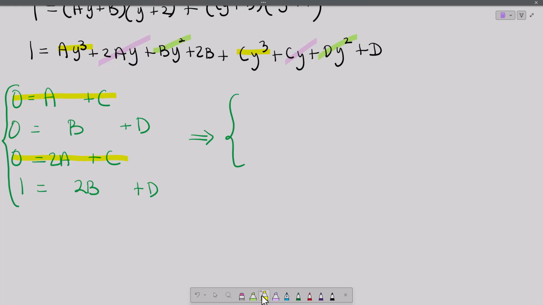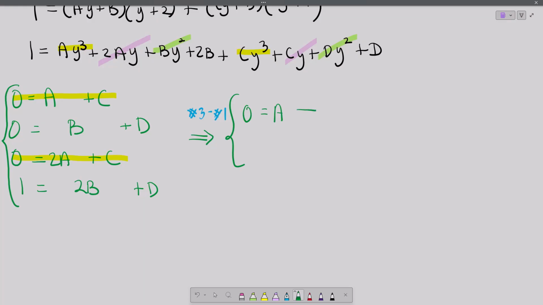And if we do equation number 3 minus equation number 1, so 3 minus 1, we're going to get 0. 2a minus a is 1a. C minus c is 0. So we have a is 0.